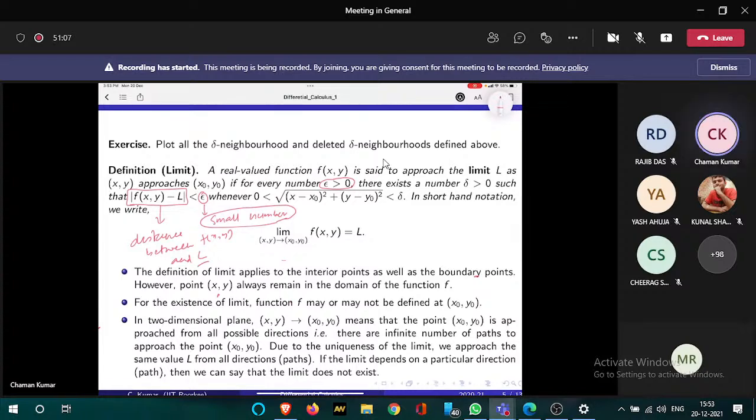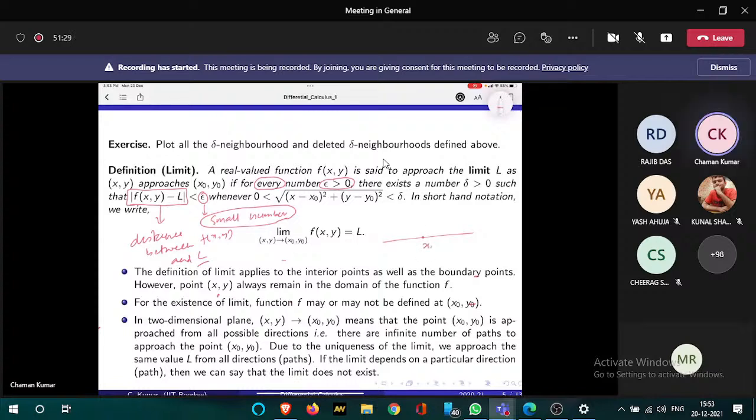So because we say that this should hold for every epsilon, right? So for every epsilon it should hold. So that means f is very close to L. Just like in left hand limit and right hand limit.